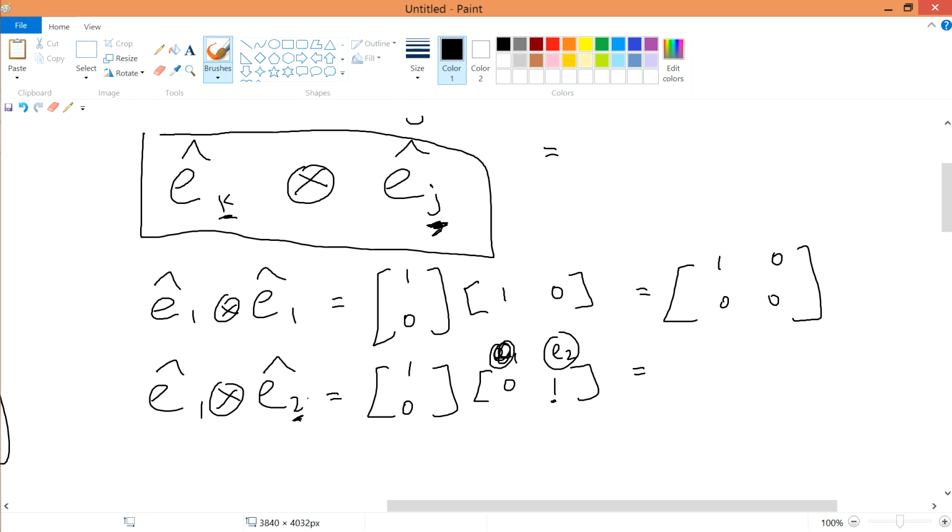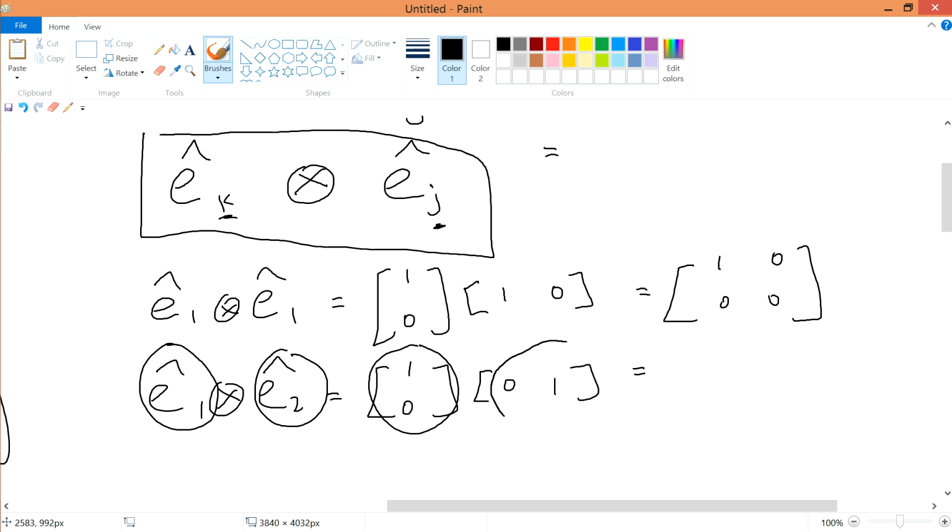So the j axis is only just 2, that's all. In other words, this E1 is simply talking about this, and this E2 is simply talking about this. I hope that this is pretty much clear.